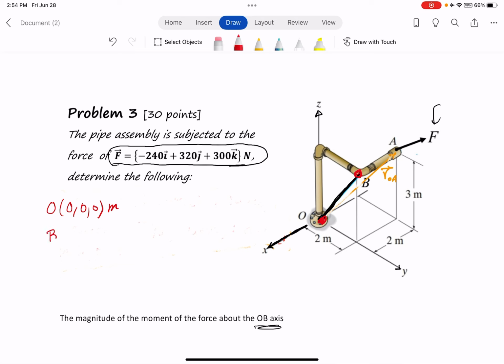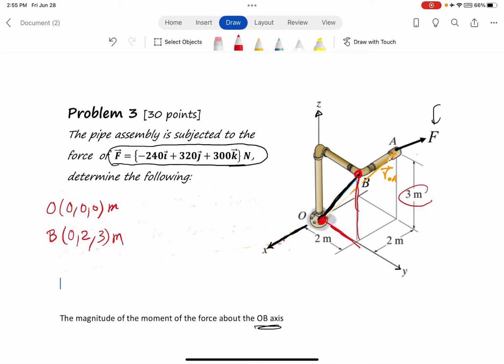and this is 0 in the X. So P is 0 in the X, 2 in the Y, and up higher 3 in the Z, and that is OP.